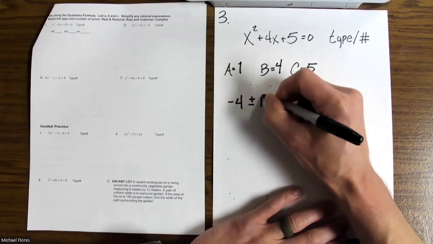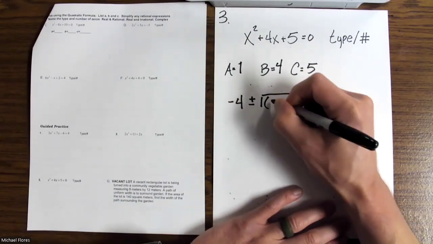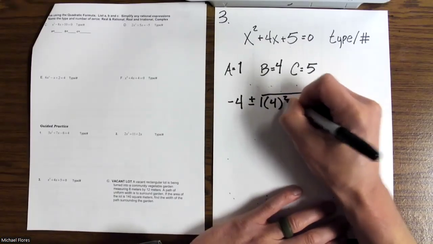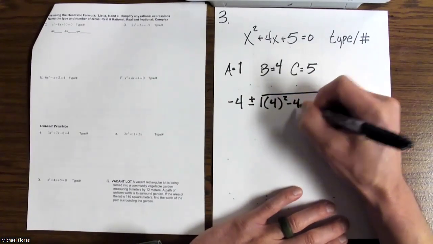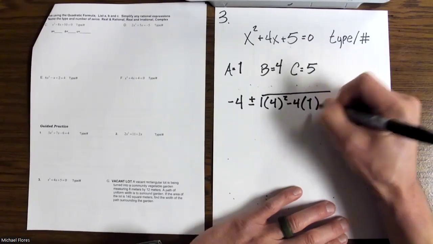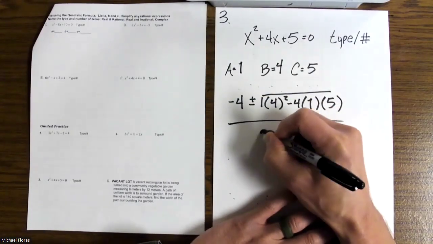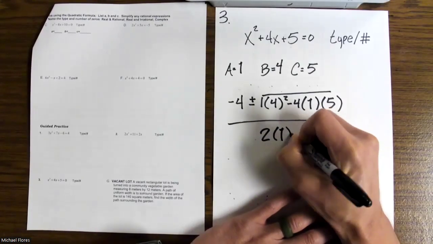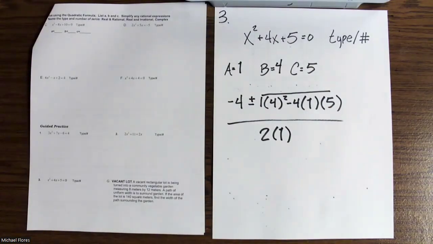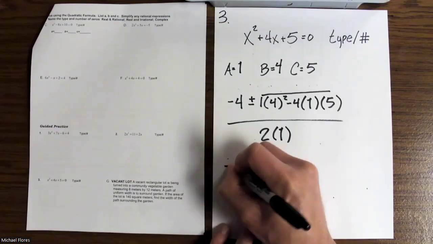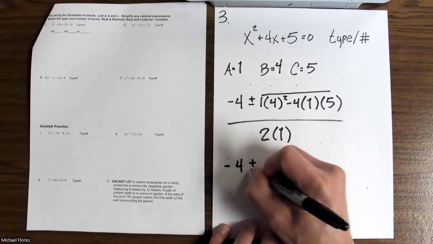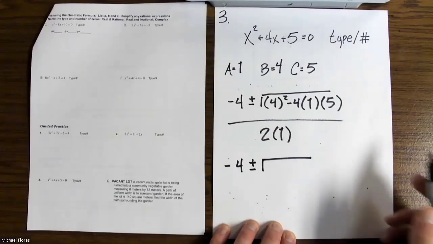plus or minus the square root of B squared minus 4 times A times C, all over 2 times A. Negative 4 plus or minus the square root of.